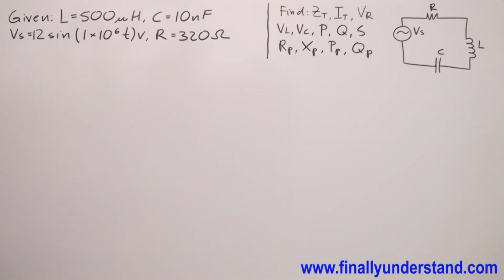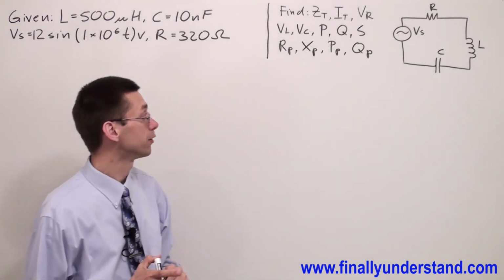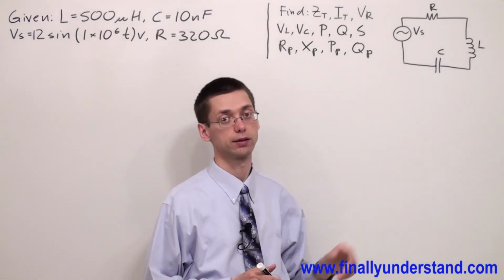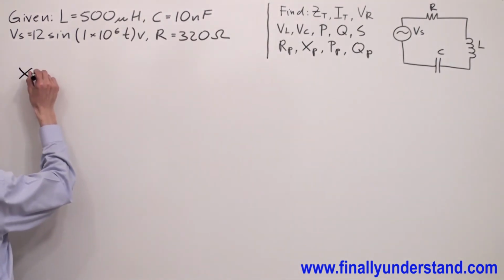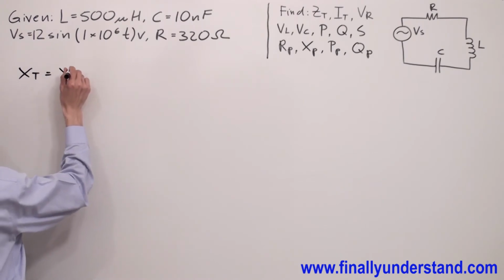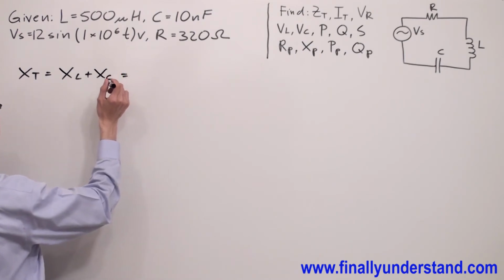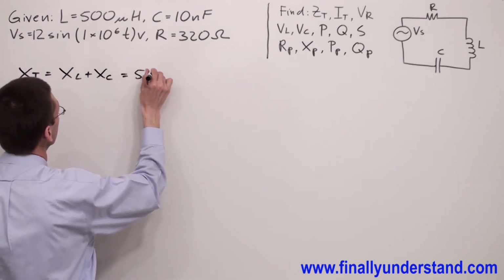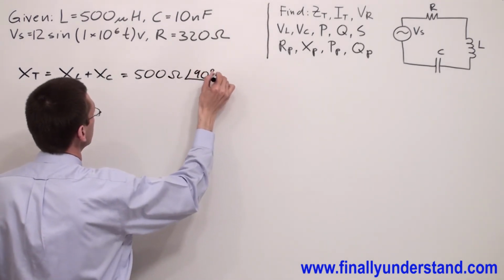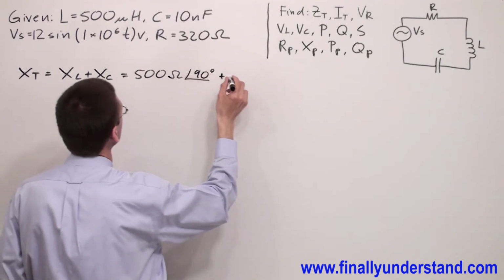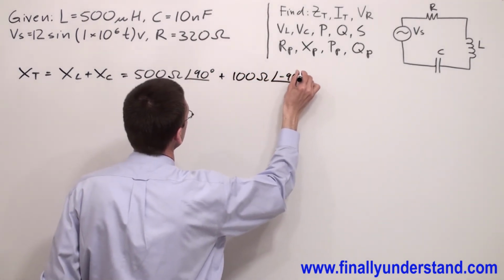Next, we're supposed to find the reactive power. We have to first find the total reactance. So I'm going to write XT is equal to X of L plus X of C, where X of L we found is equal to 500 ohms and angle of 90 degrees, plus X of C, which is equal to 100 ohms and angle of negative 90 degrees.